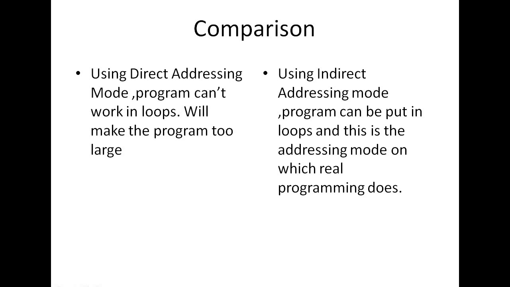So why are we going for indirect addressing mode? Why are you not preferring direct addressing mode, because direct addressing mode is simpler compared to indirect addressing mode? Why are you going for complex programming?